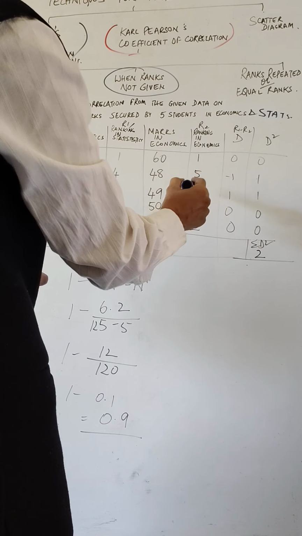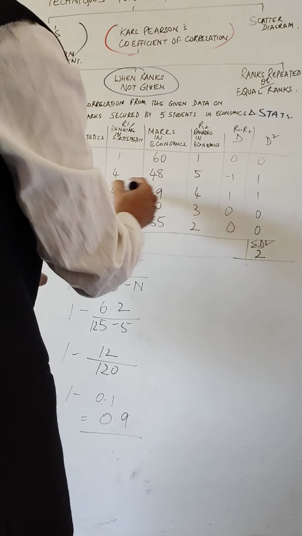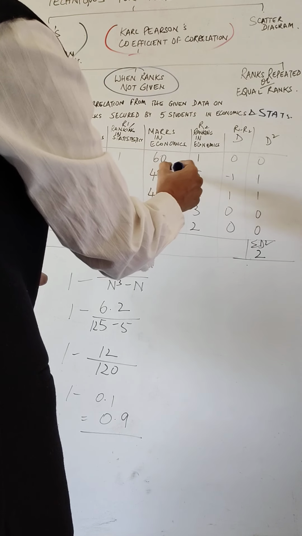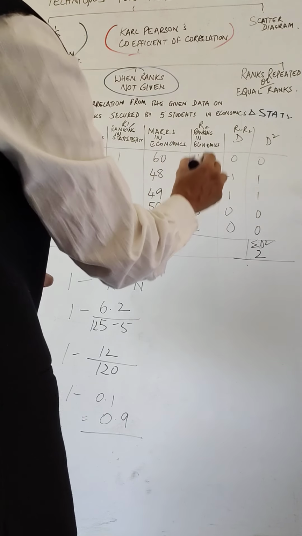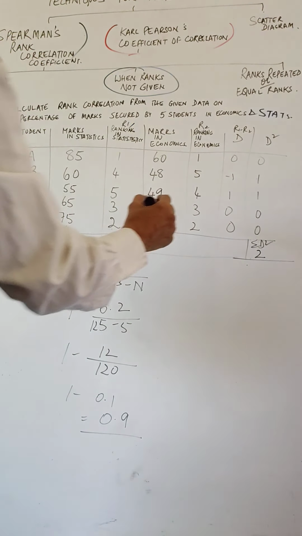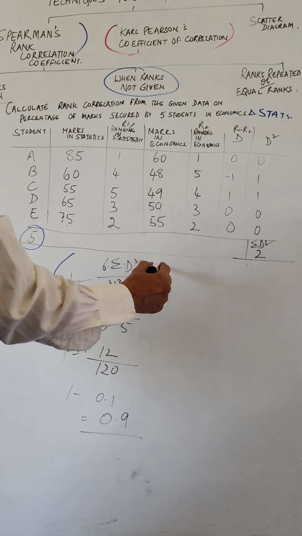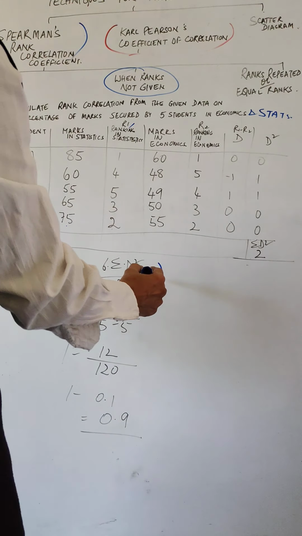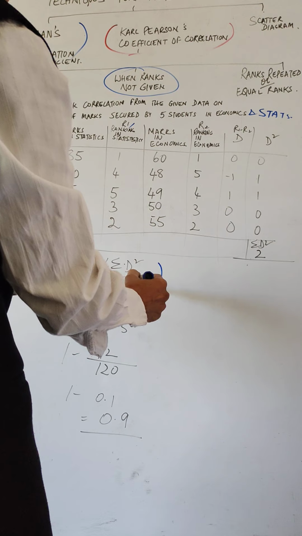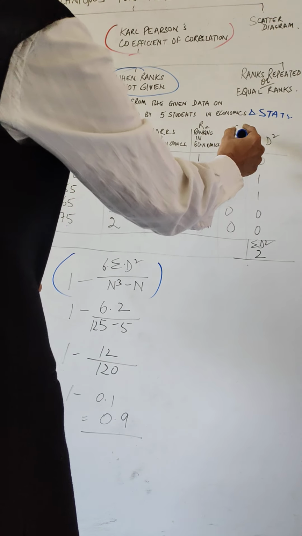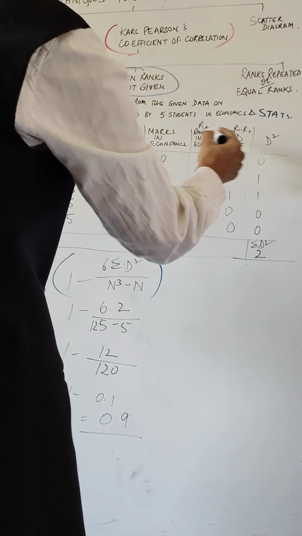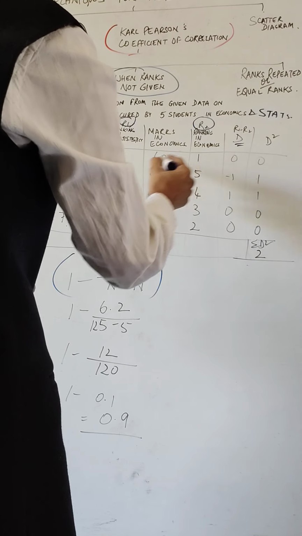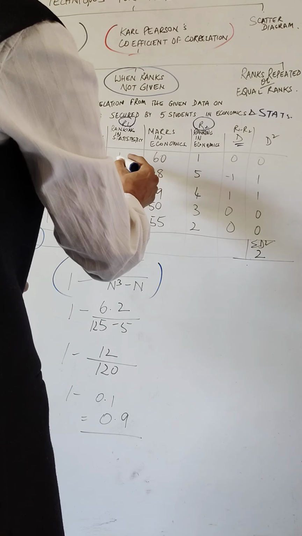Then C gets 49, so that is the fourth in economics, and 48, the least, is the fifth rank. We put it down like that. Then you have to remember to follow this formula: 1 minus 6 sigma d squared divided by n cube minus n. Now we're going to find the difference between R1 and R2.